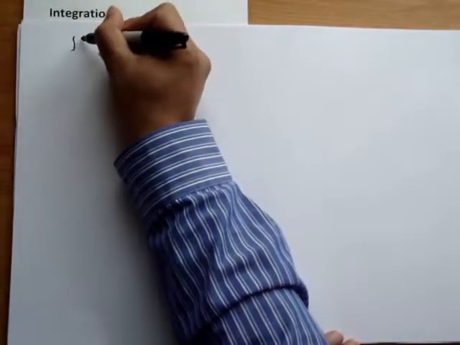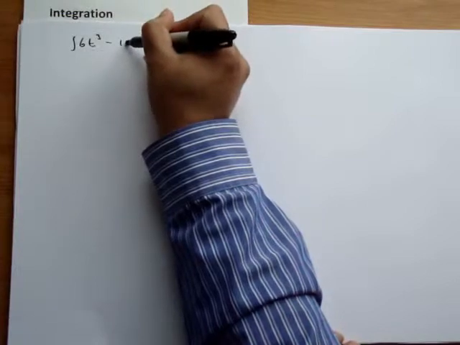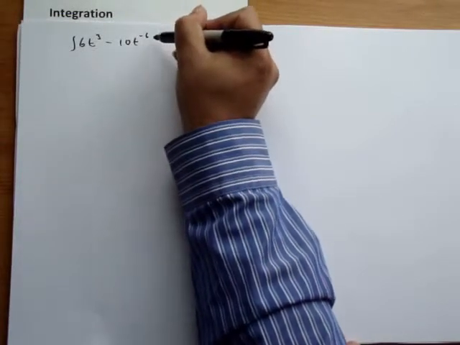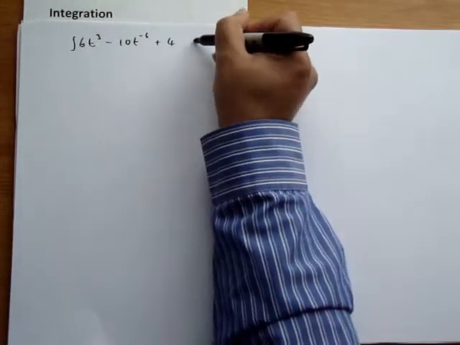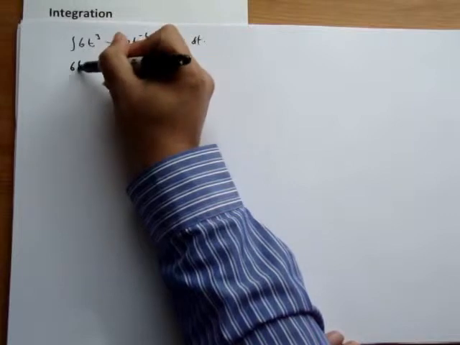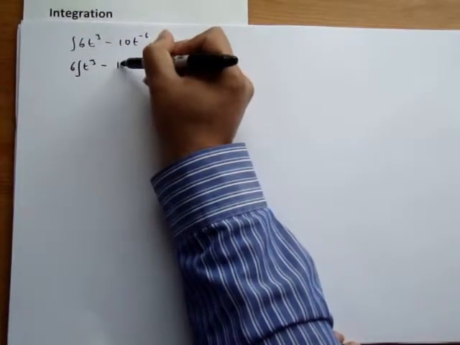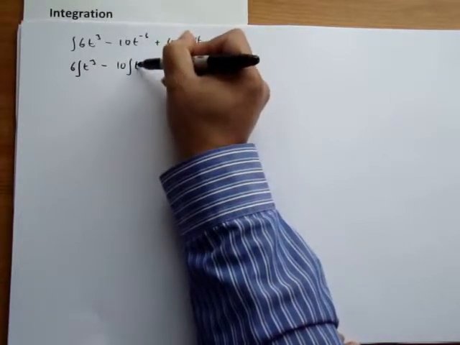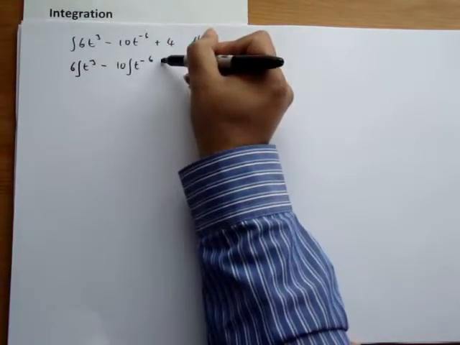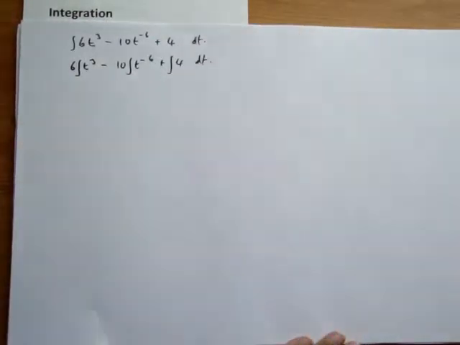So if we have the integral of 6t^3 - 10t^(-6) + 4 dt, we can split this into parts. So we have 6 integral of t^3 minus 10 integral of t^(-6) plus integral of 4 dt.